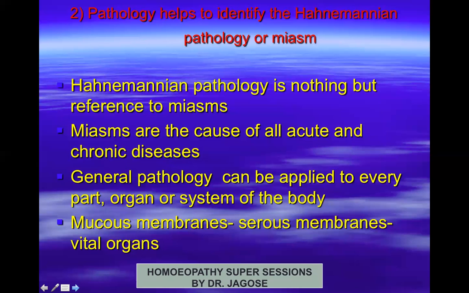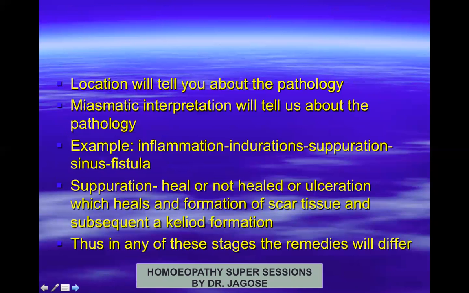Or the disease may travel from the skin to the mucous membrane to the serous membranes and the more vital organs. That also you have to see, the direction of the disease, and it will also tell you about the pathology. So location will tell you about the pathology, that is the part, area, system involved.